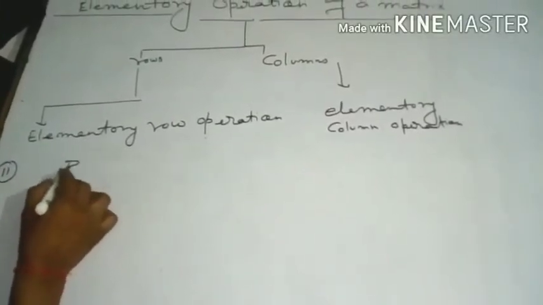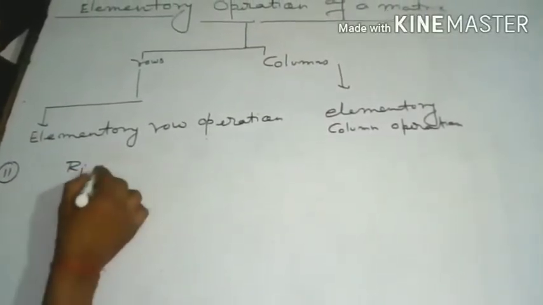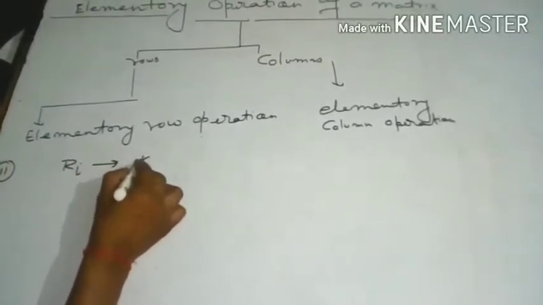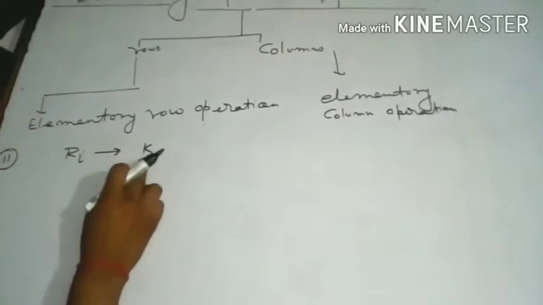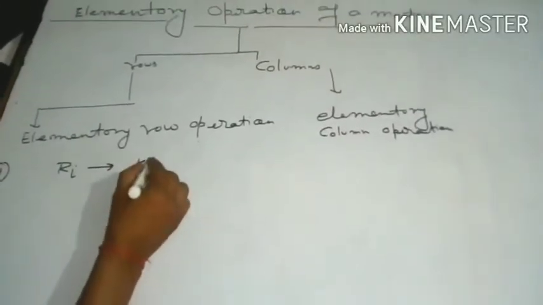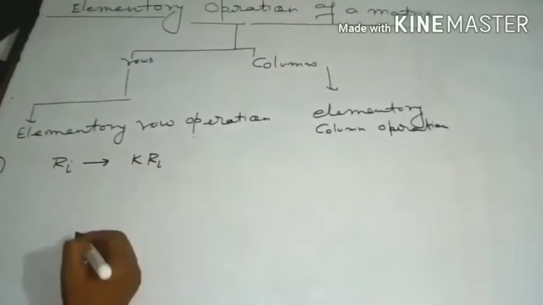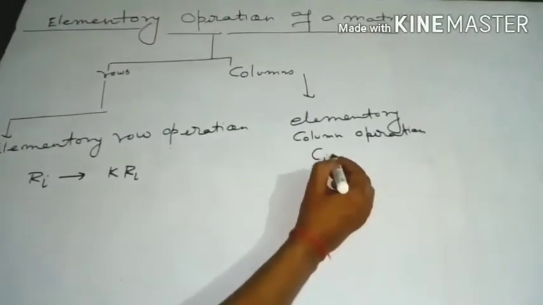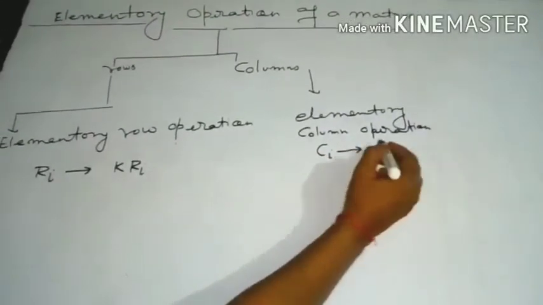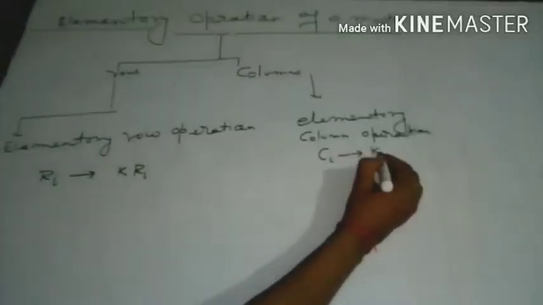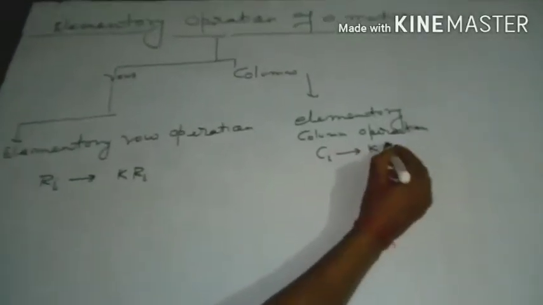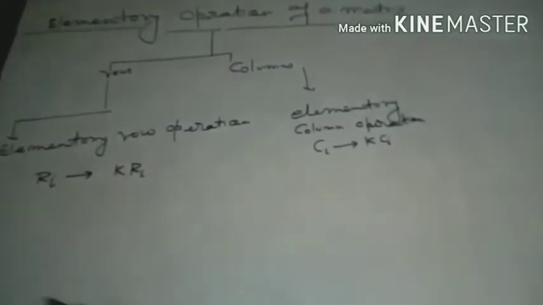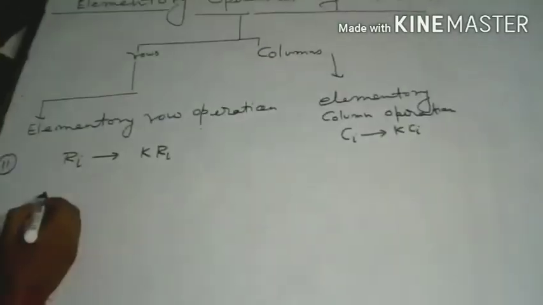Suppose in the ith row we multiply by a non-zero constant k, which is either negative or positive, we will get k times Ri. In a similar way, suppose in the ith column we multiply by a constant k, we will get k times the ith column.